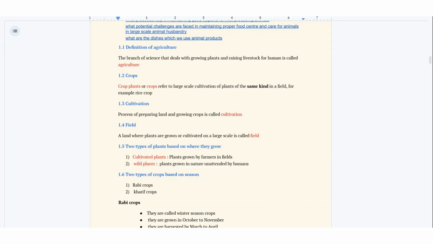So what is agriculture? The branch of science that deals with growing plants and raising livestock for humans is called agriculture. Livestock means like the goat, sheep.